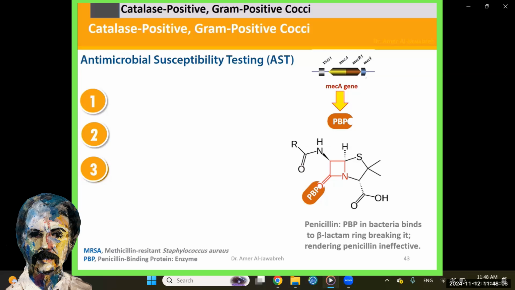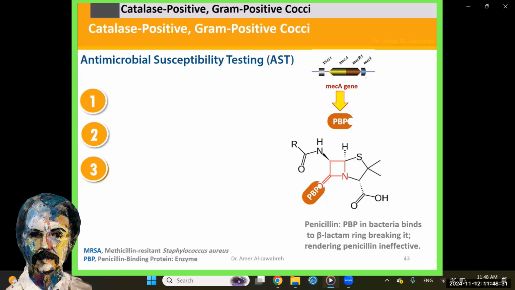When you take the antibiotics as a treatment, if this protein, PBP, is there, it will break down the penicillin. And then the penicillin, which is an antibiotic, will become no longer effective. So it breaks down the antibiotics, and then your treatment will fail.